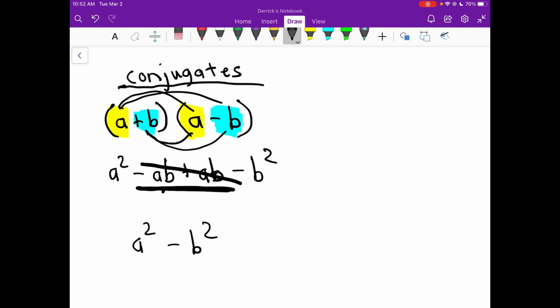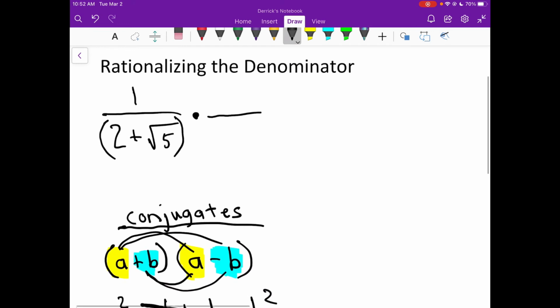Anytime you multiply two conjugates together, those middle two terms are always going to cancel. And so the significance of that is, if we consider that with this problem, if this is 2 plus the square root of 5, meaning think of this as 2 is our a term, square root of 5 is our b term, well then the conjugate would be 2 minus the square root of 5.